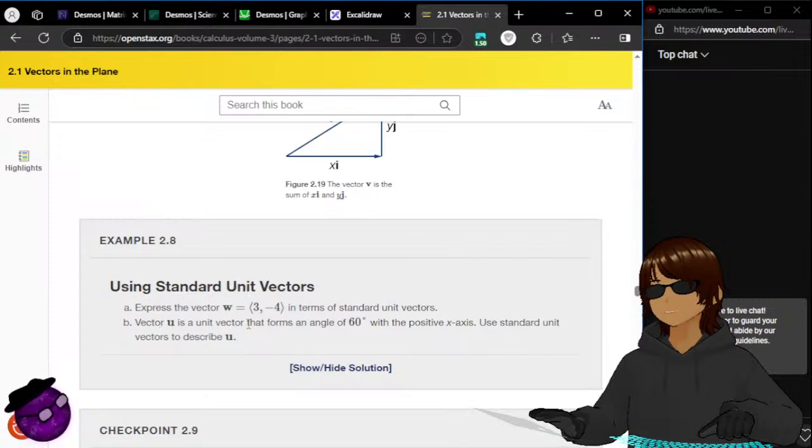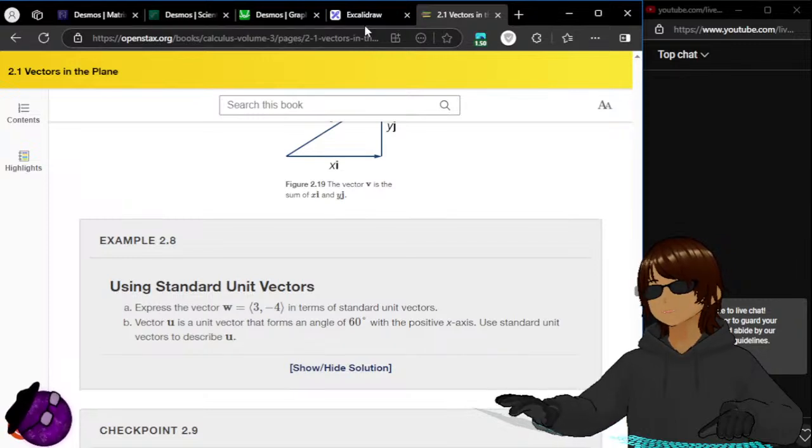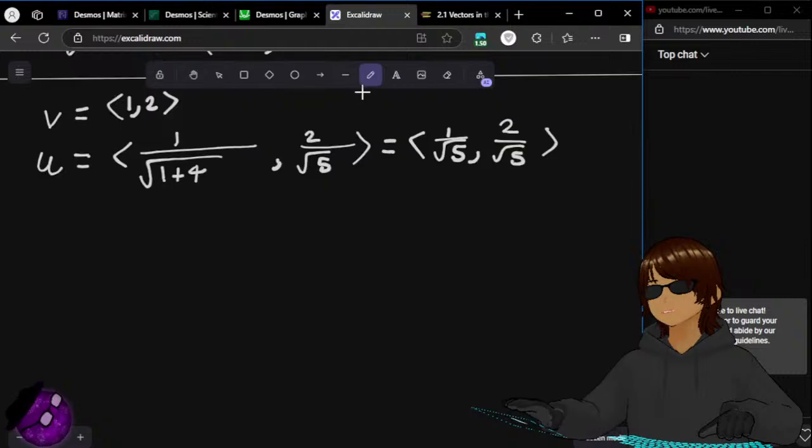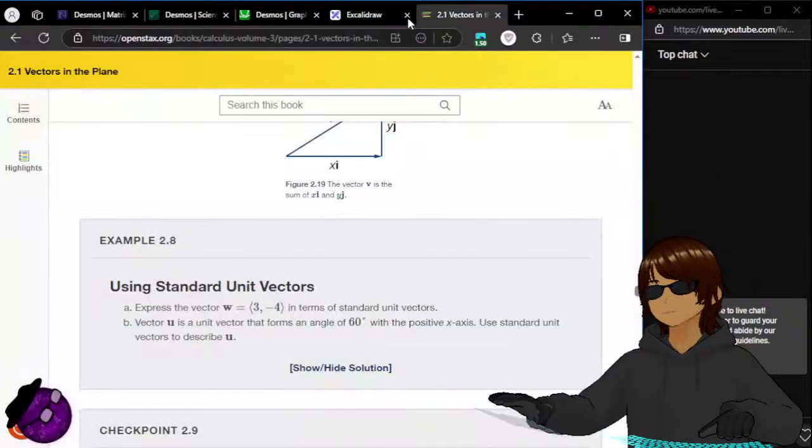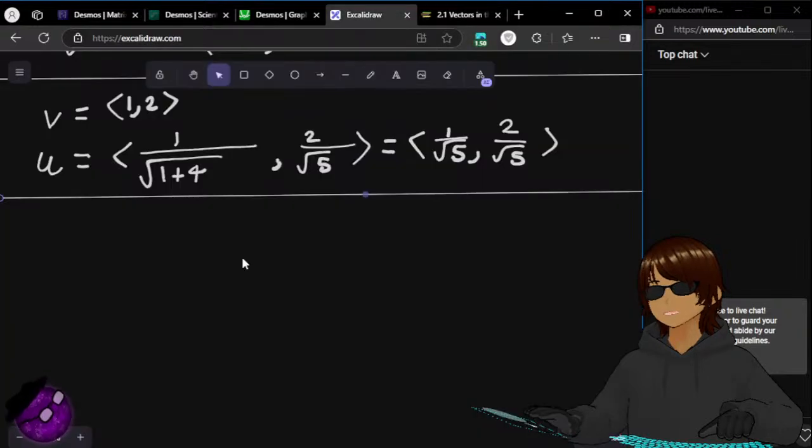Vector u is a unit vector that forms an angle of 60 degrees with the positive x-axis. Use standard unit vectors to describe u. So u forms a, so let's say we have v.